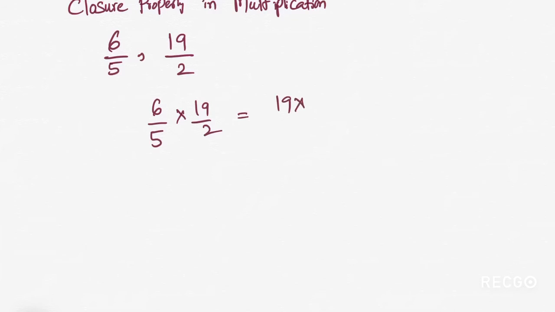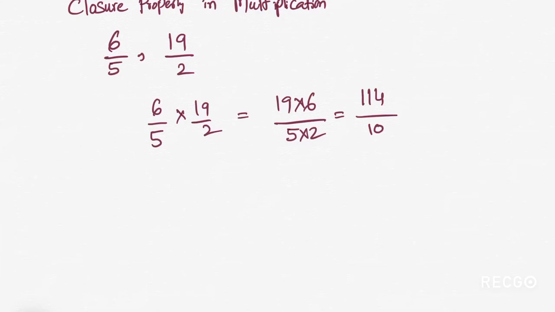Therefore, the numbers are 19 by 6 into 4. The value of 6 into 19 is 114 and 5 into 2 is 10. Understood?